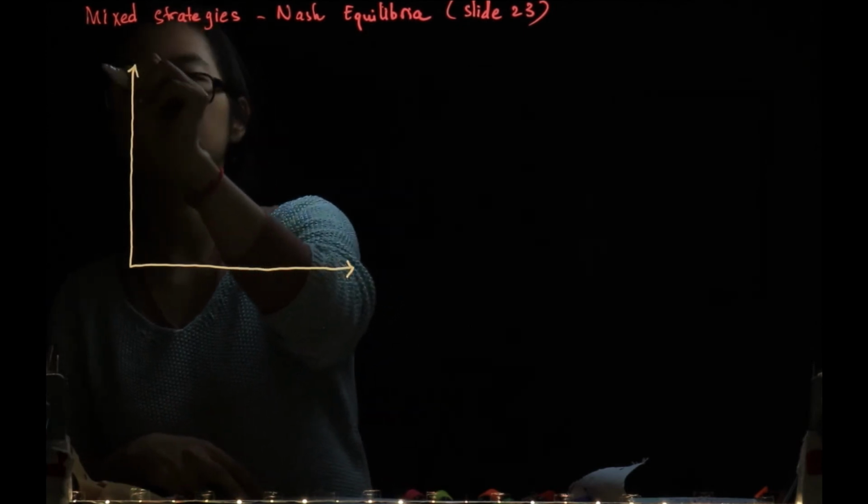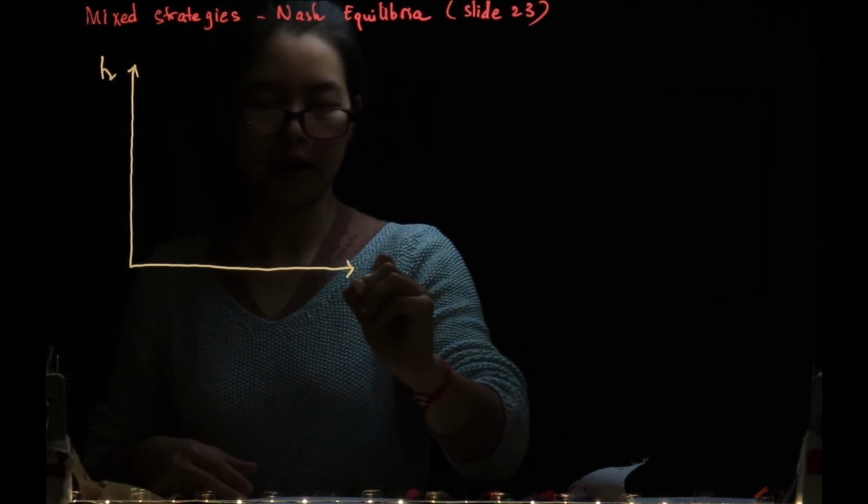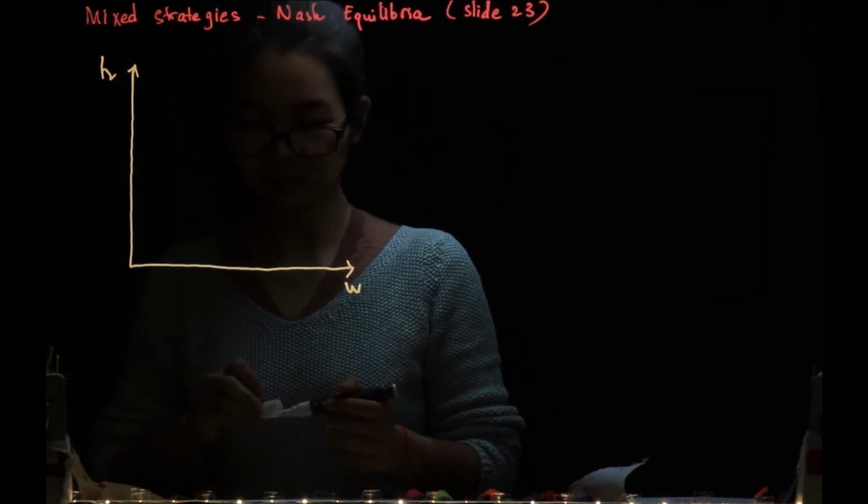So let's say this is H, the probability for playing ballot of the husband, and here's W for the wife.